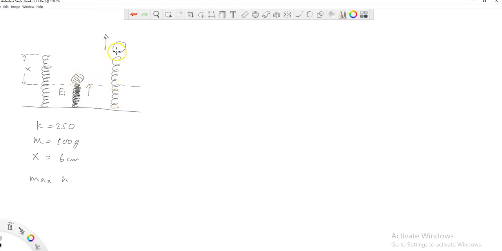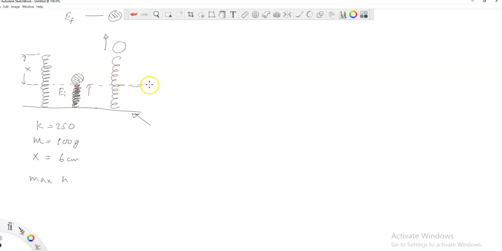So you need to define what's your final. For example, if you want to find how high it goes, let's say this is the highest point, maybe you can define this as E final. So up here, no kinetic, only potential. The other thing you need to think about is what is your zero potential energy level. If you take the table surface as the zero energy level, the ball will have some potential energy because it's above the ground.